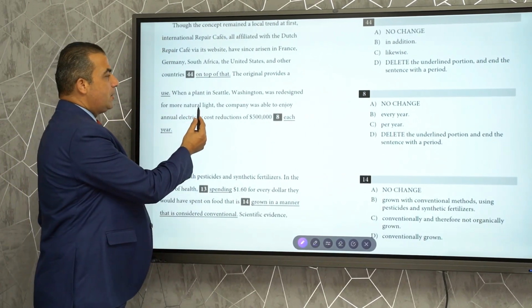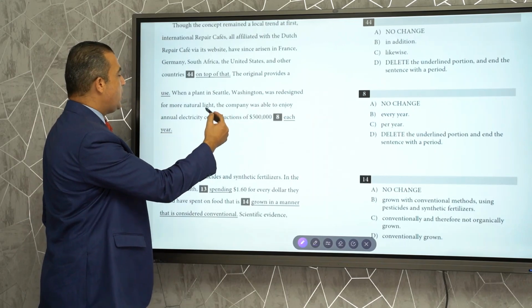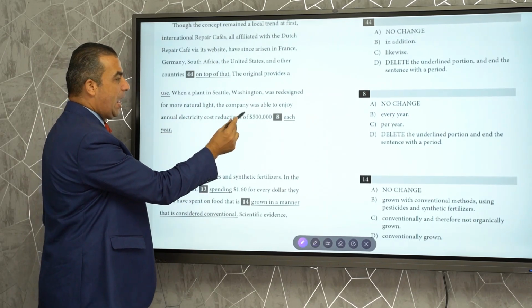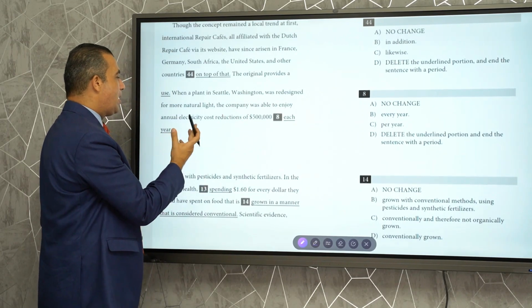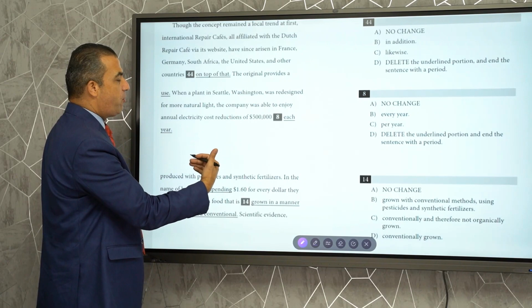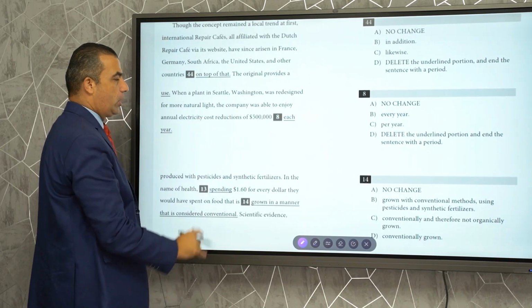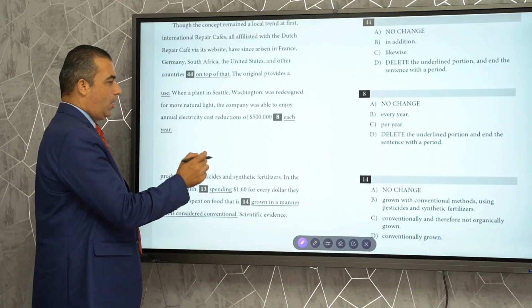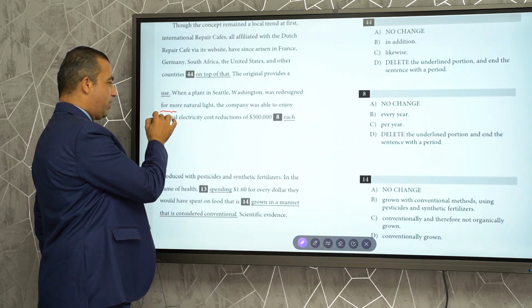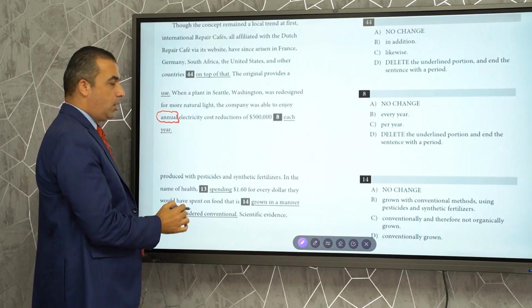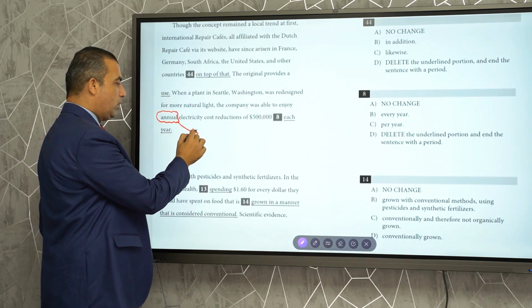It says, when a plant in Seattle, Washington was redesigned for more natural light, the company was able to enjoy annual electricity cost reduction of $500,000 each year. Okay? Did you see something? Annual. What do you mean by annual?